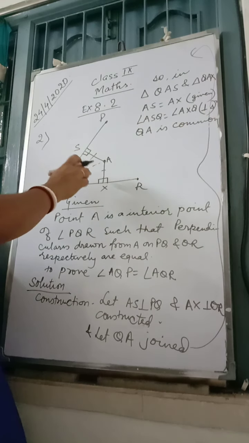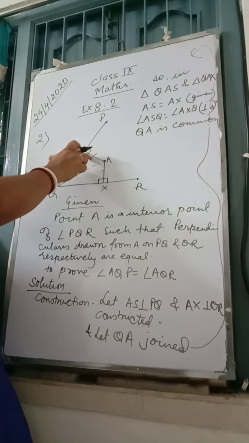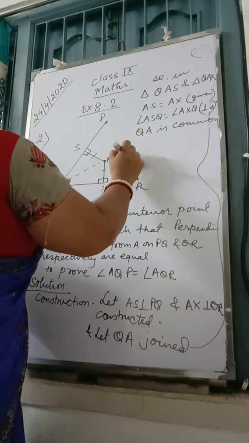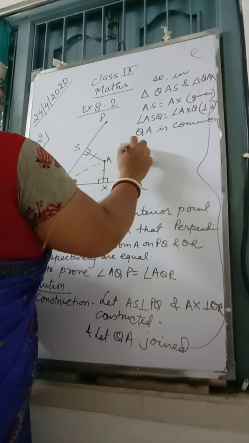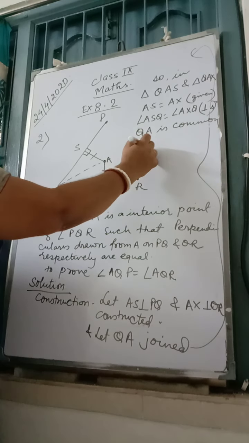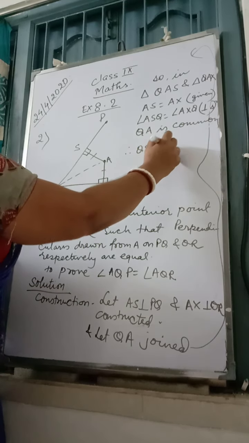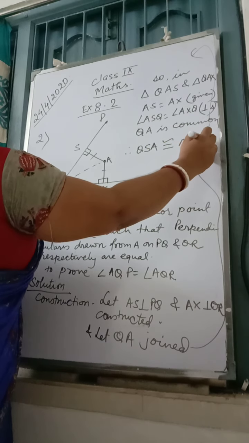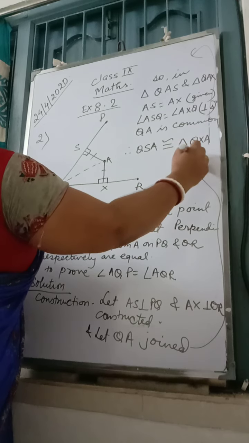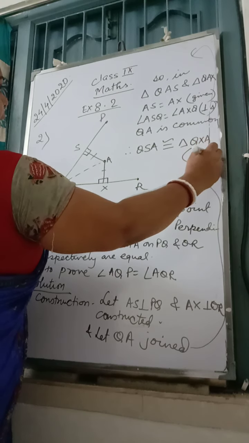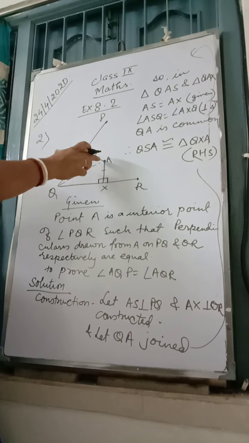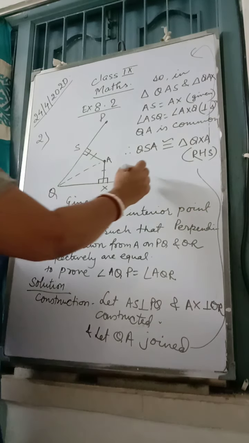See, this is 90 degrees, so this is 90 degrees. This side is equal, this side to this side, and this hypotenuse is common. Therefore, triangle QSA is congruent to triangle QXA according to RHS condition.